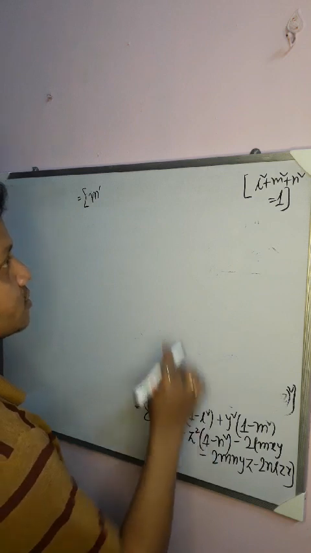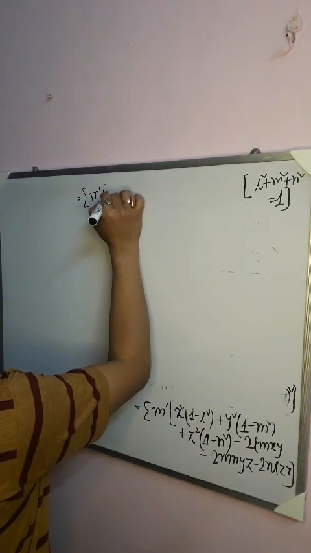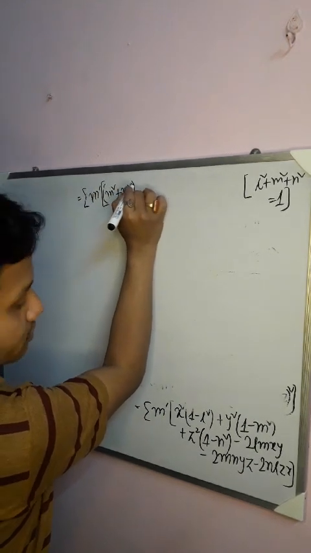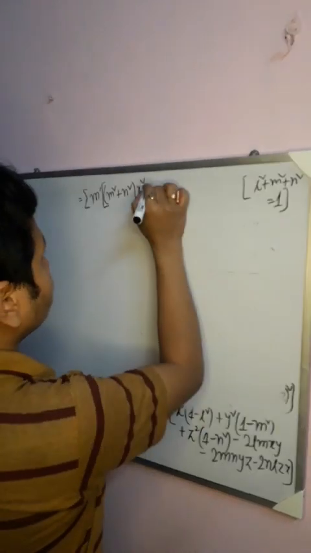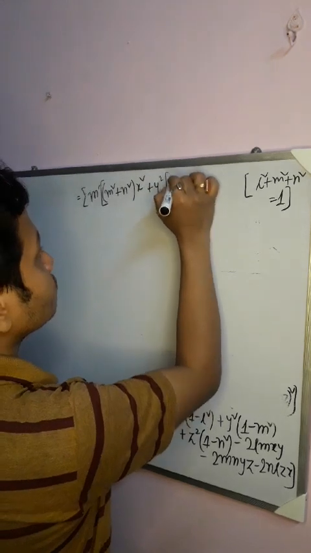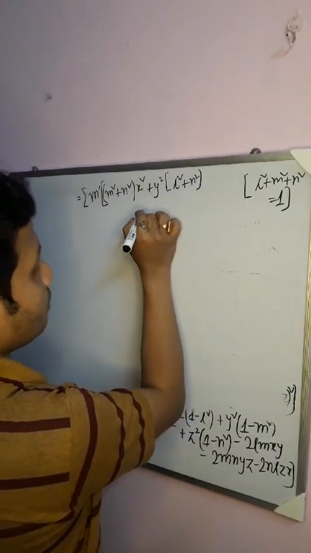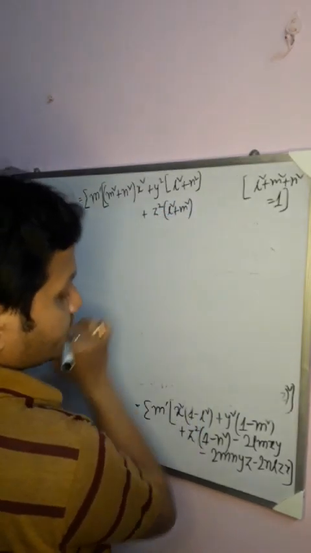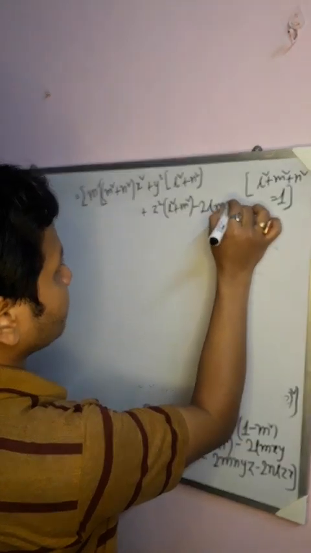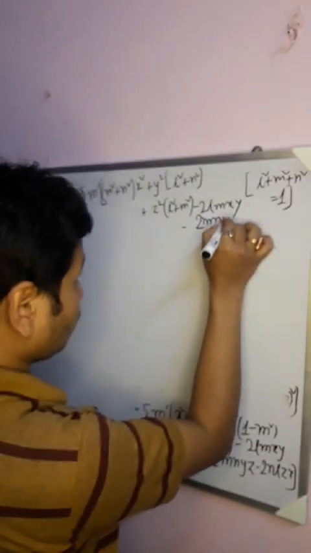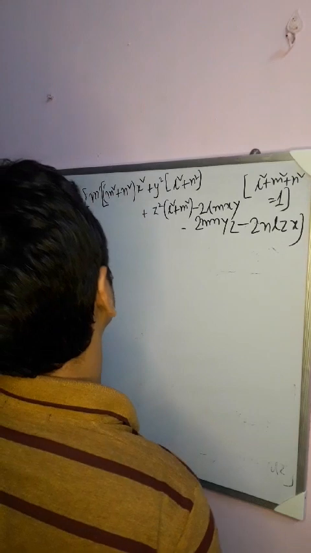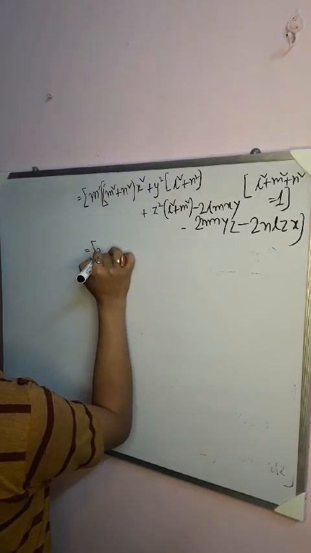So instead of 1 minus L square, we put M square plus N square into x square, plus y square into, instead of 1 minus M square, we put L square plus N square, and instead of 1 minus N square, we put L square plus M square, minus 2LMxy minus 2MNyz minus 2NLzx.